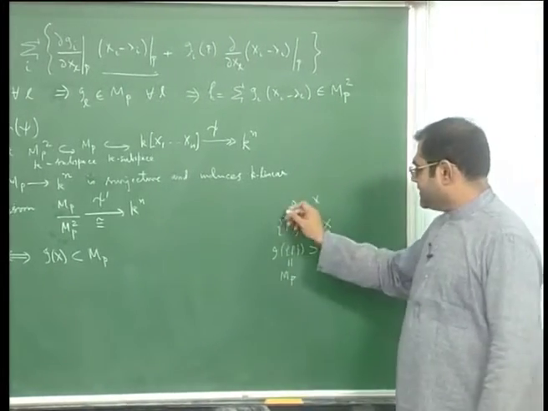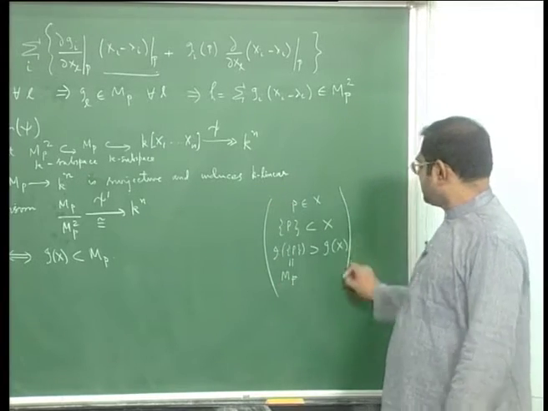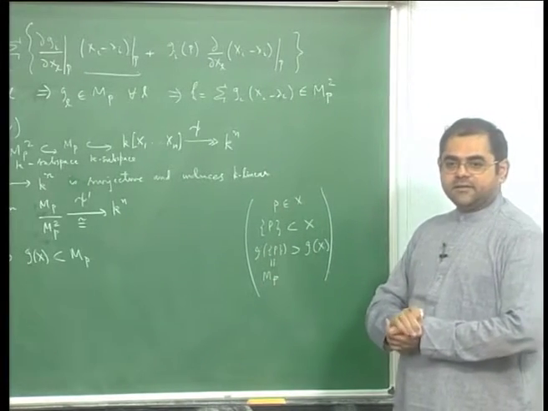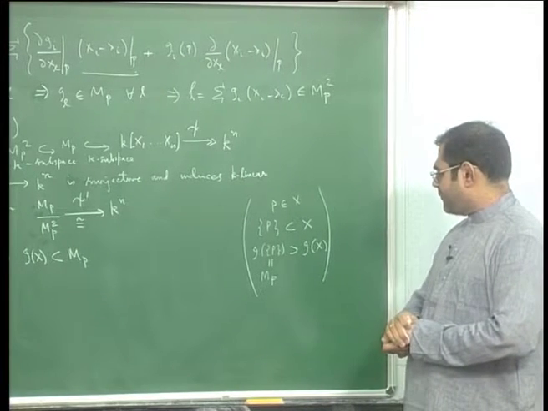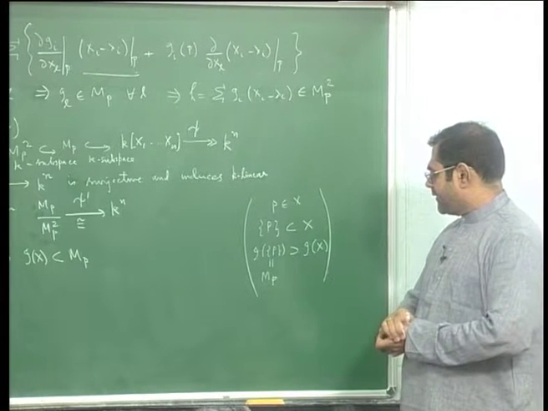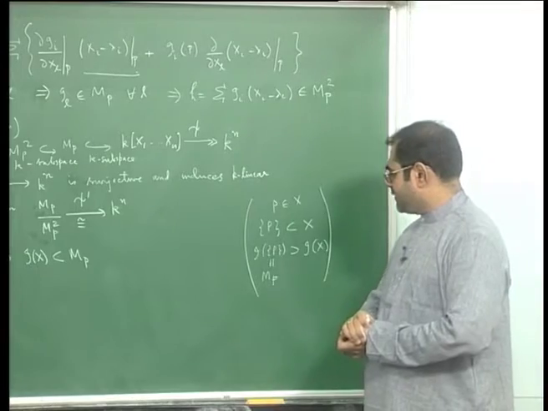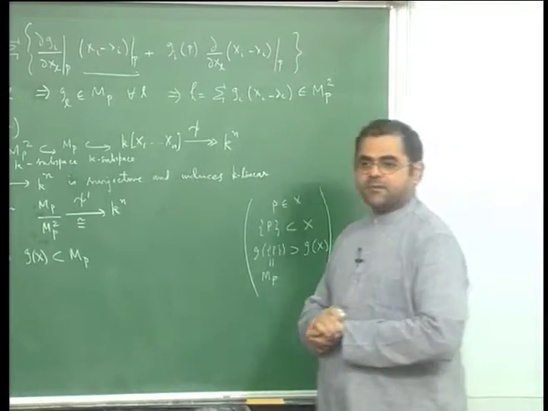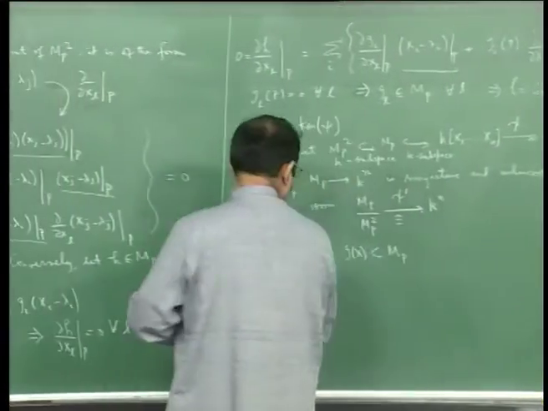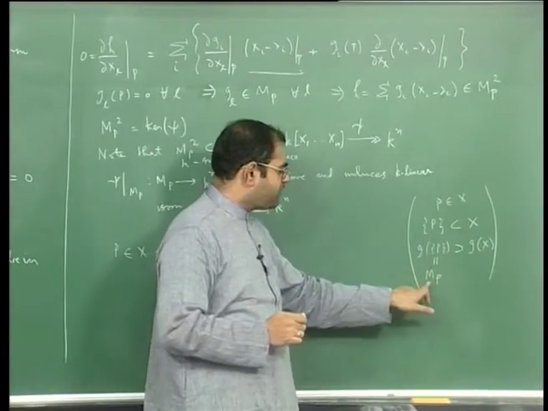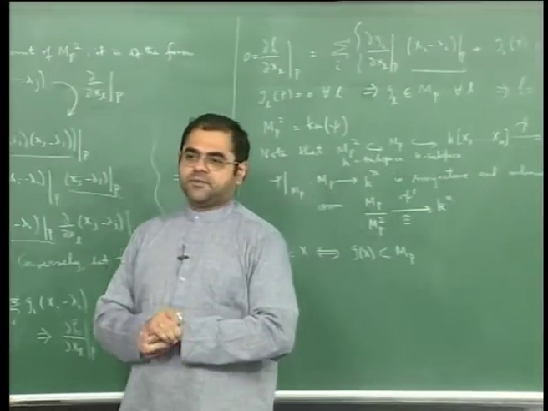This is just applying the functor, getting the ideal of a subset, and of course the ideal of a point is the maximal ideal MP.